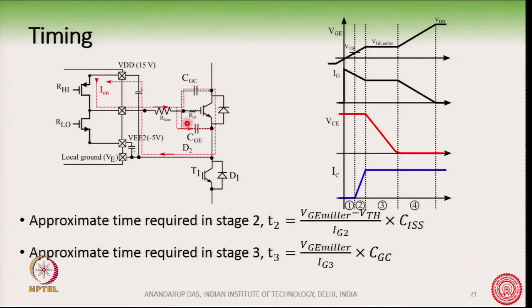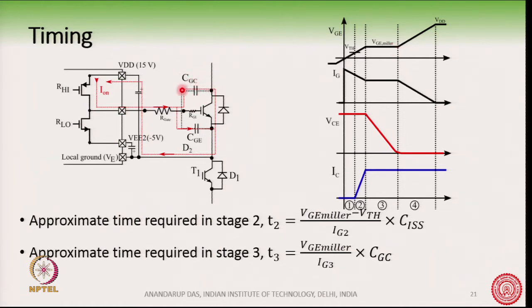This is the equivalent capacitance here, and the approximate time required in stage 3: VGE Miller is the voltage, and because in stage 3, as I told you, the entire charge is used in discharging this capacitor CGC.